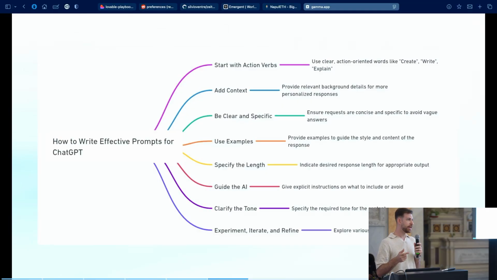You have to guide the AI, just because they don't know. The LLMs don't know anything. You have to give explicit instruction in order to have the results that you want to have. You have to clarify the tone.